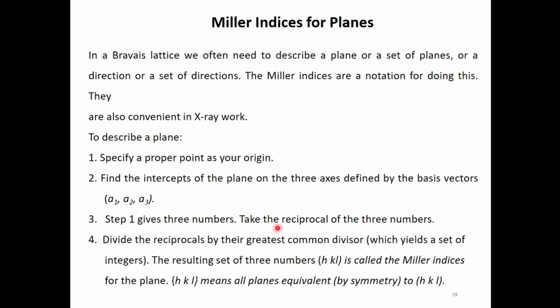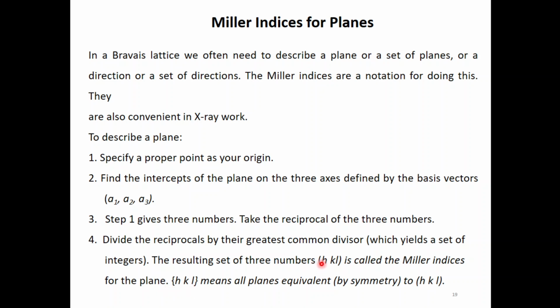We need to take the reciprocal of the 3 numbers, and then we have to divide the reciprocals by their greatest common divisor, which yields a set of integers. So the resulting set of 3 numbers HKL is called the Miller indices for the plane.